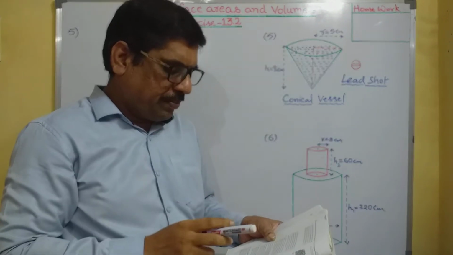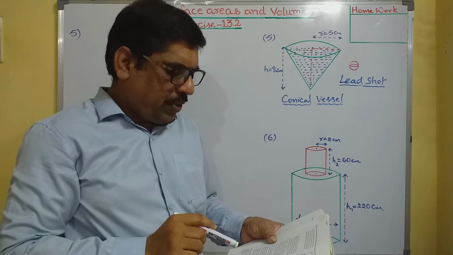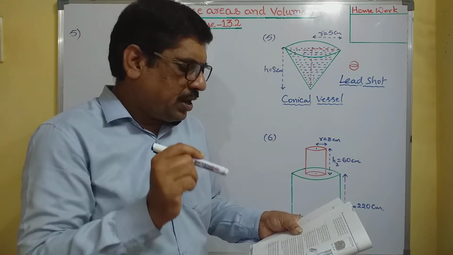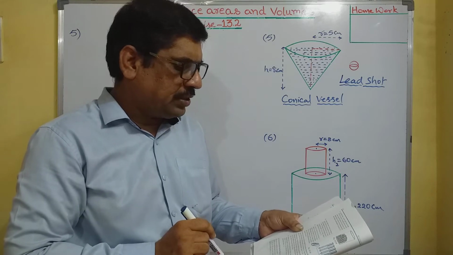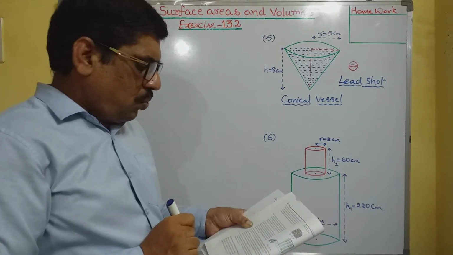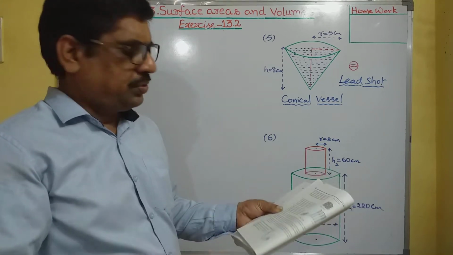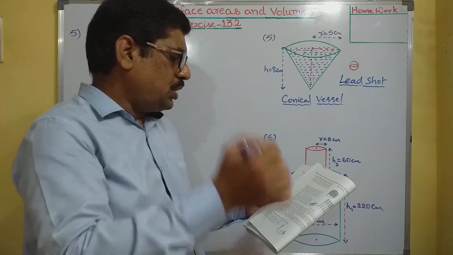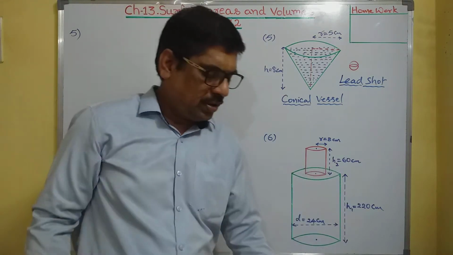When lead shots, each of which is a sphere of radius 0.5 centimeters, are dropped into the vessel, 1/4 of the water flows out. Find the number of lead shots dropped in the vessel.